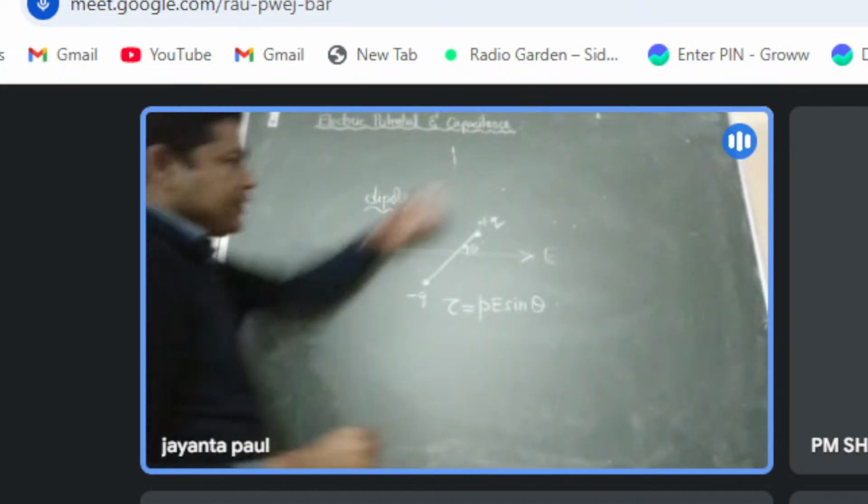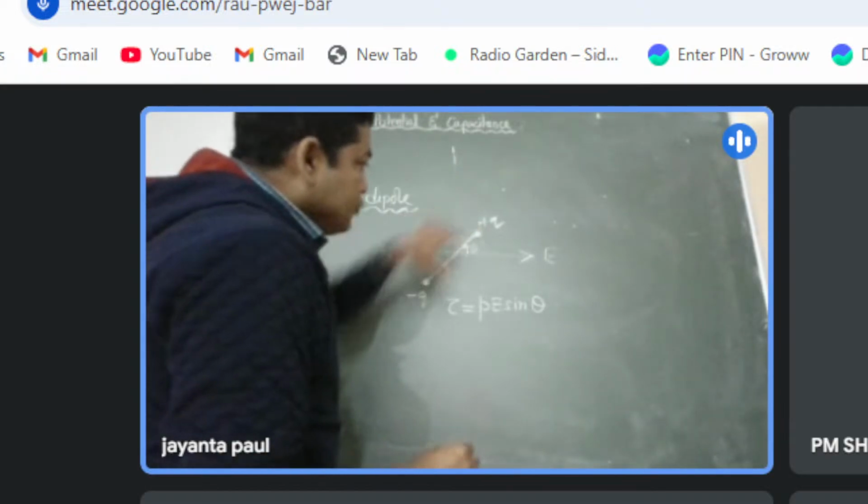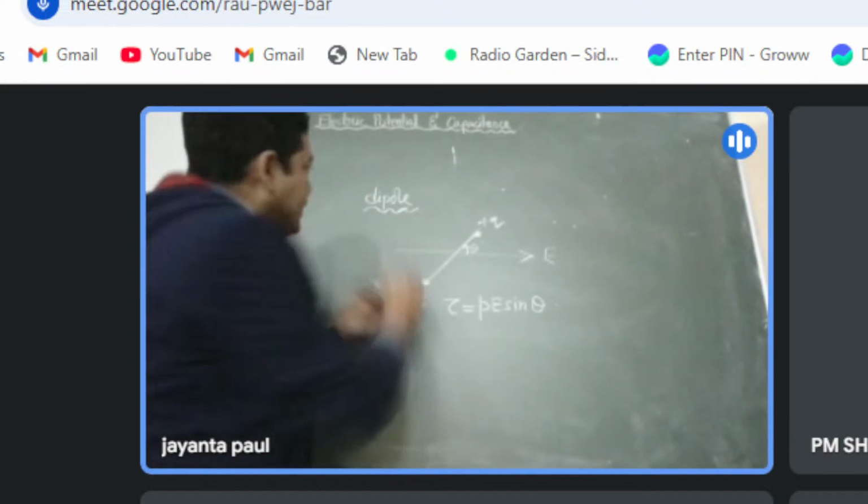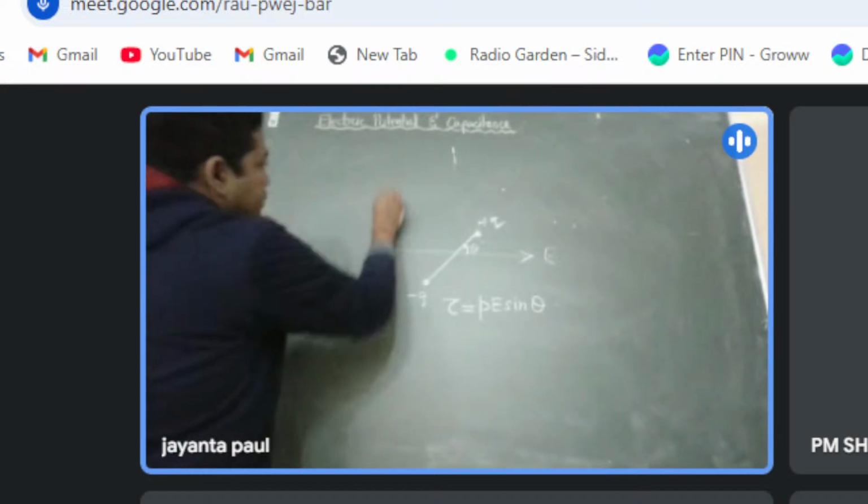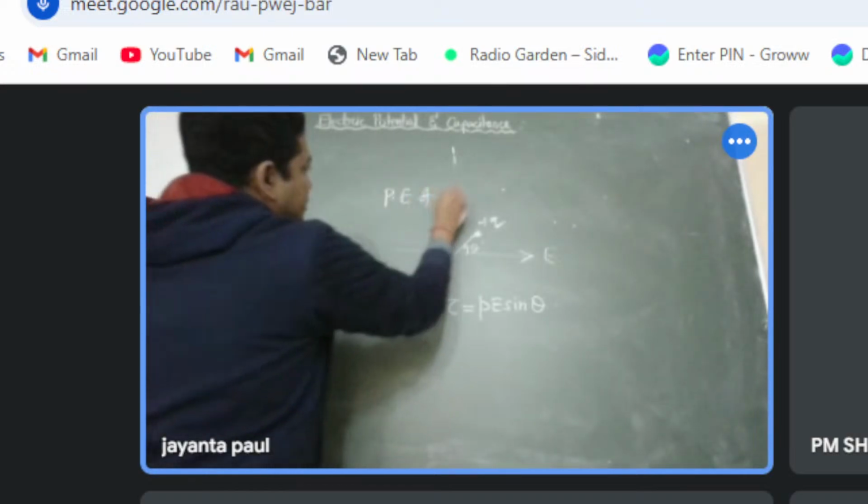So here, if we want to rotate it, there is one topic called potential energy of a dipole.